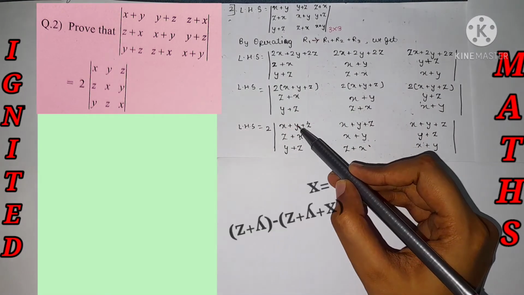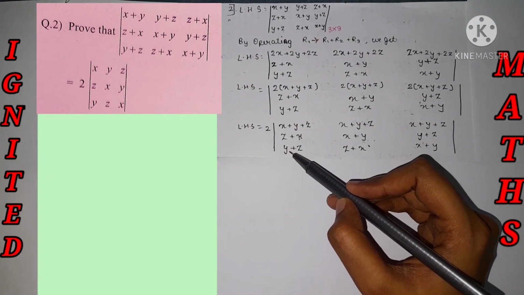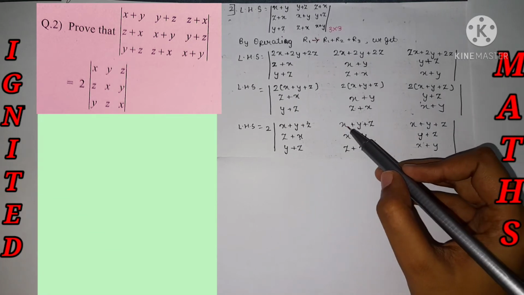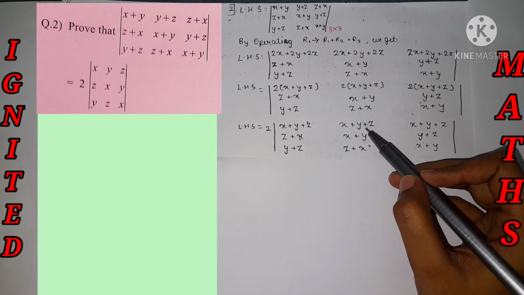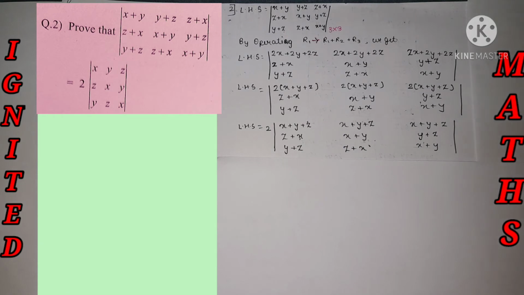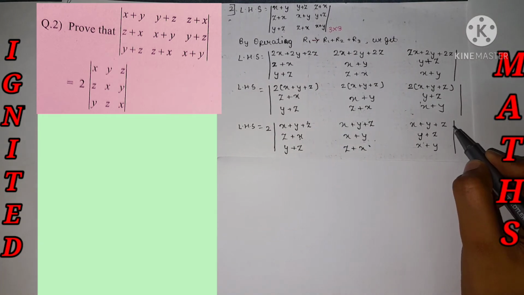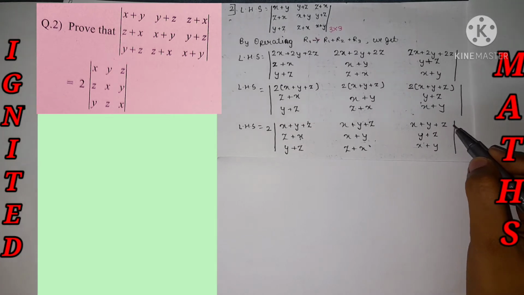With r3, y plus z: subtracting y plus z, we get the answer x. At the a12 element we need to get the answer y. So x plus y plus z, subtract z plus x, and we get y. And at a13, x plus y plus z, subtract row 3, that is x plus y, and we get the answer z.